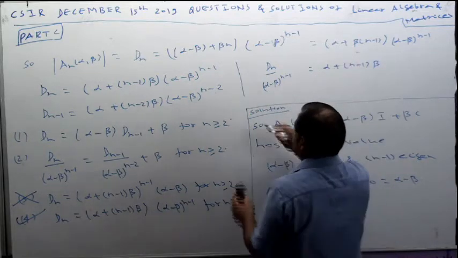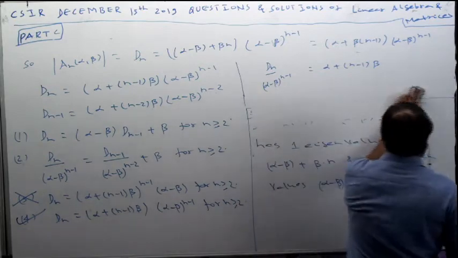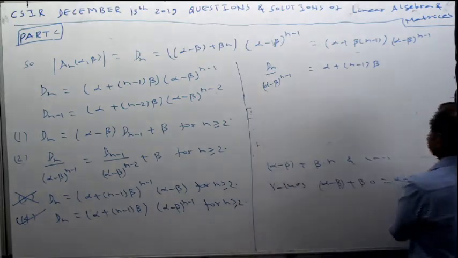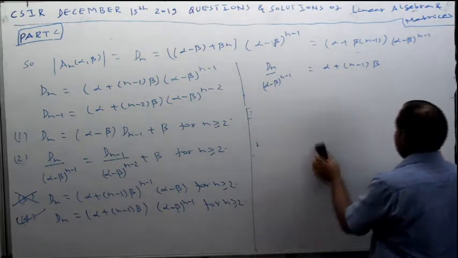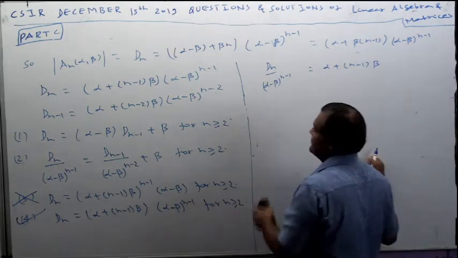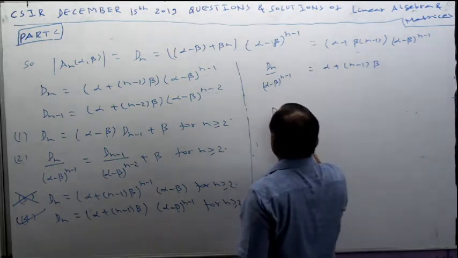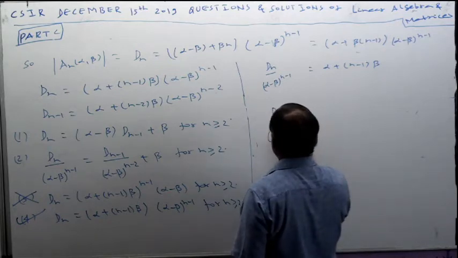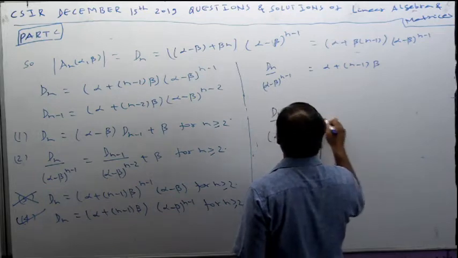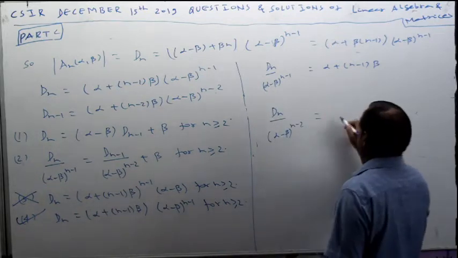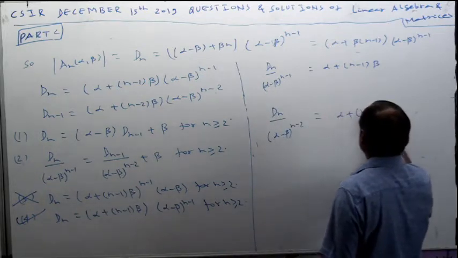Any doubt? How fast I am writing this. And d_(n minus 1) upon (alpha minus beta) to the power n minus 2 is equal to alpha plus (n minus 2) beta.